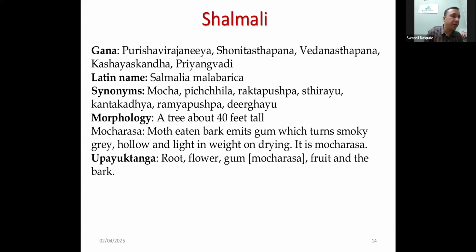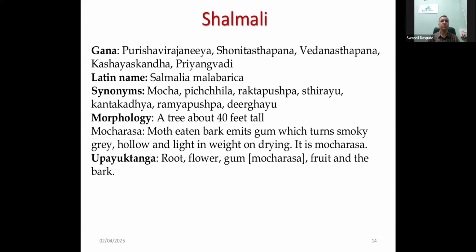If you search on the internet, you can see the flower of Shalmali, beautiful. April has started yesterday. So in February and March, these two months, usually you see flowering of Shalmali. Shalmali is quite close to my heart, because during my undergraduate studies, in second year, we have to study a herb and present a thesis.